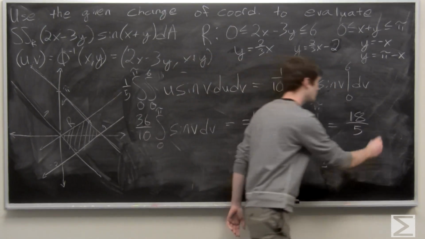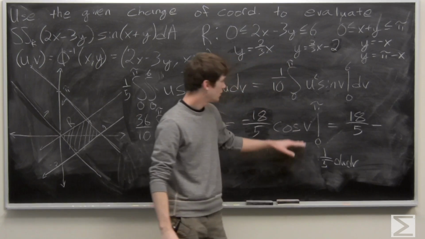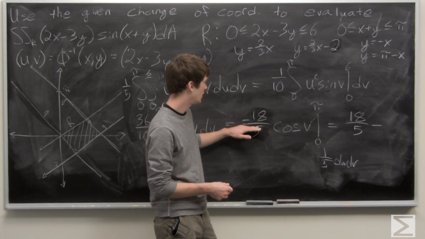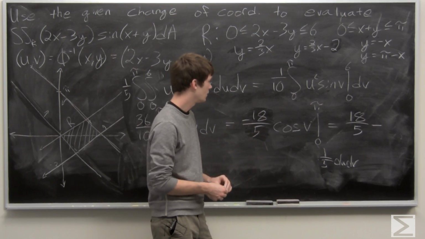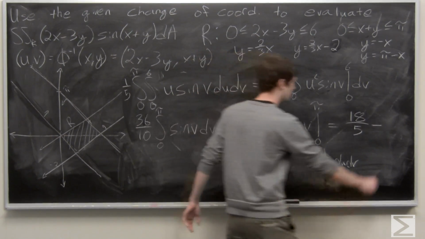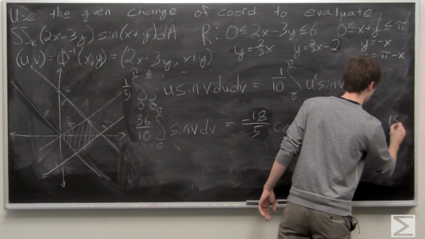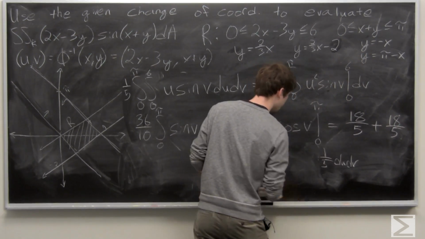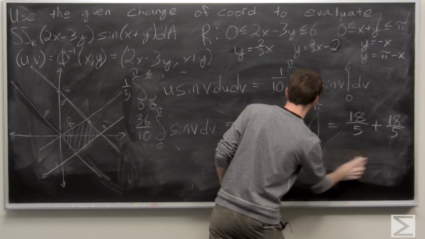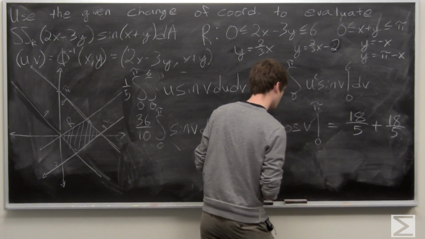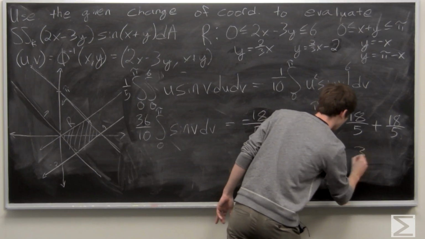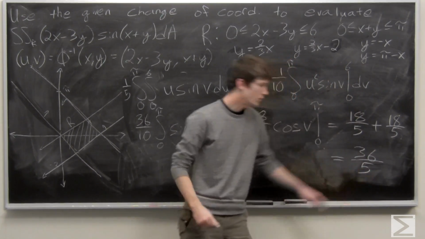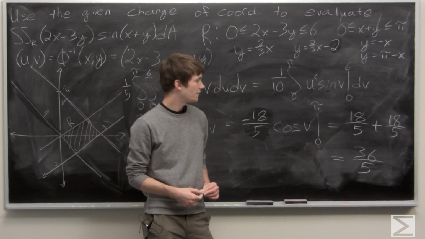Minus cosine of 0, which is 1, so minus a negative 18 over 5 plus 18 over 5. So we get our integral evaluates to 36 over 5.